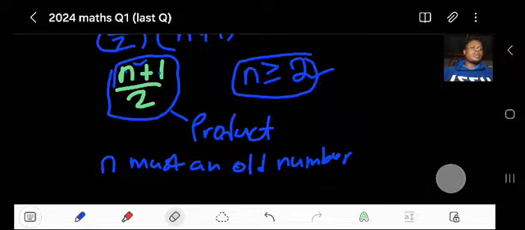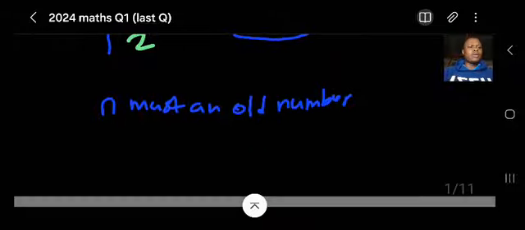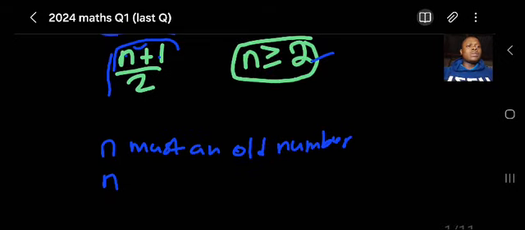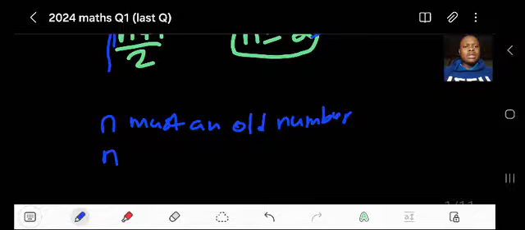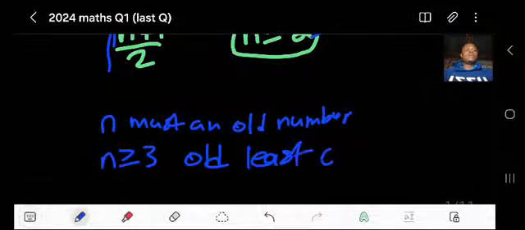So you know it must be an odd number. At least, since n is supposed to be greater than 2, the least odd number is 3, so we say n is greater than or equal to 3. This is obvious, it's an odd number, but the least one among those.